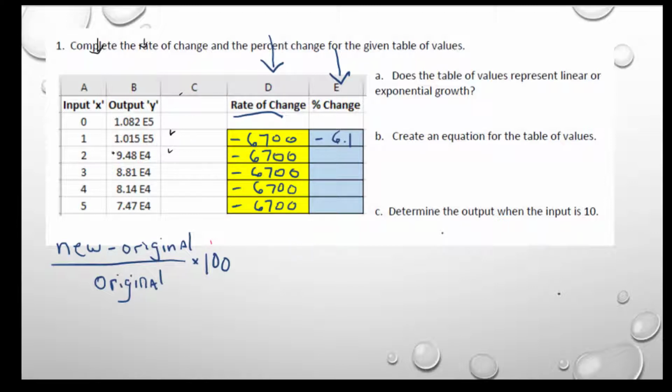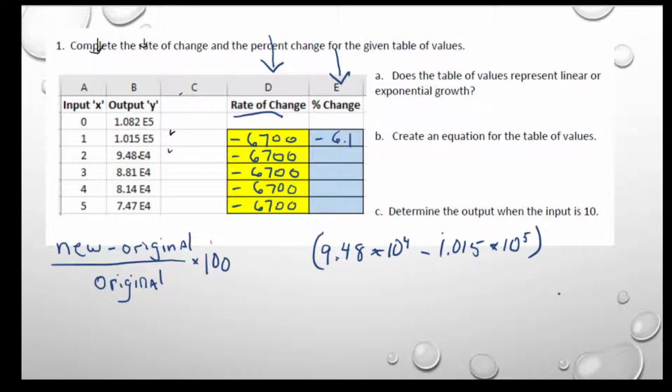Now I'm going to do the next one, which is going to be 9.48 e to the fourth in parentheses minus 1.015 times 10 to the fifth.